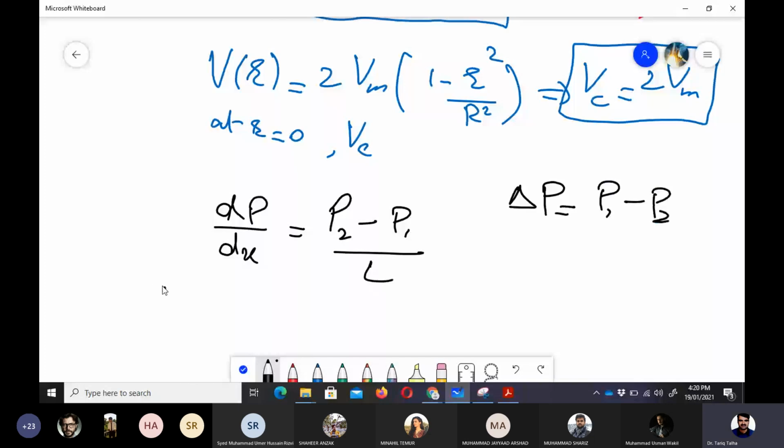So dP by dx is equal to minus delta P divided by the total length of the pipe.